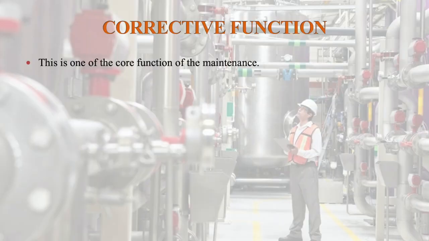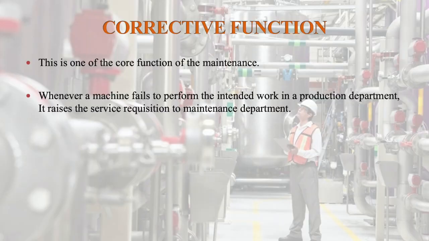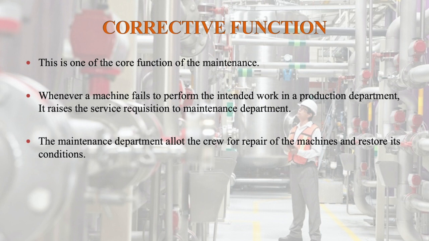So what is the corrective maintenance function? This is one of the core functions of maintenance. Whenever a machine fails to perform the intended work in a production department, it raises a service requisition to the maintenance department. The maintenance department allots the crew to repair the machine and restore its condition. These are minor repairs, where a small component has to be changed.